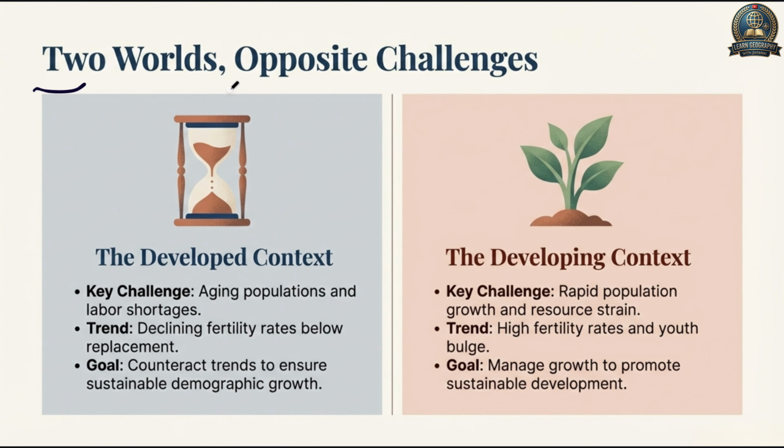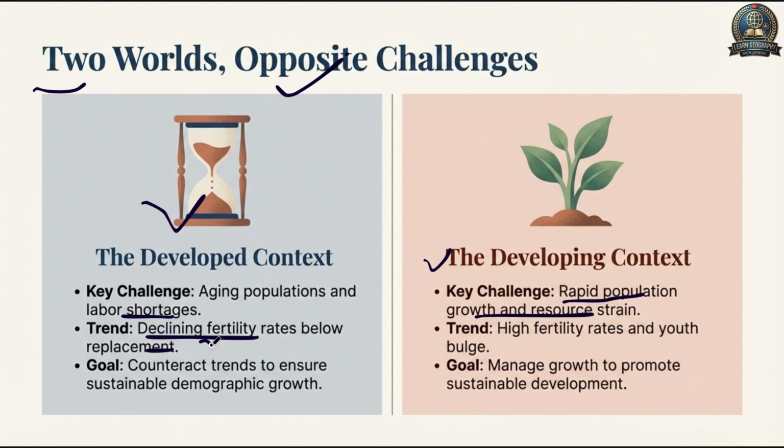Two worlds, opposite challenges. In the developed context, the key challenges are aging populations and labor shortage. On the other hand, in the developing context, the key challenges are rapid population growth and resource strain, scarcity of natural resources. Similarly, in the developed context, the trend is declining fertility rates below replacement.